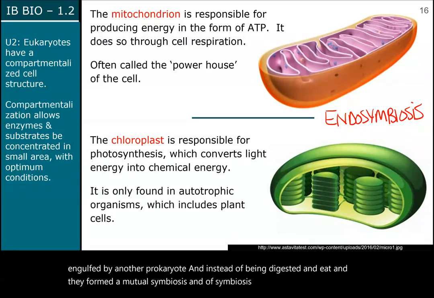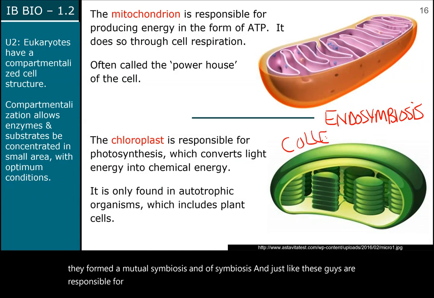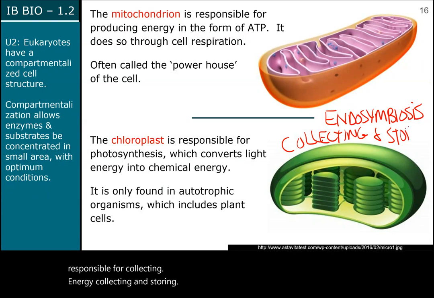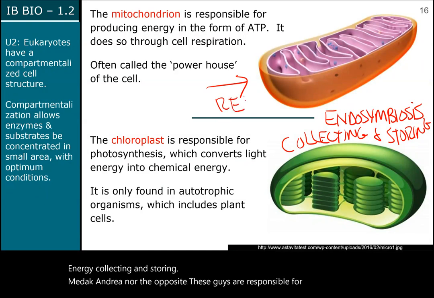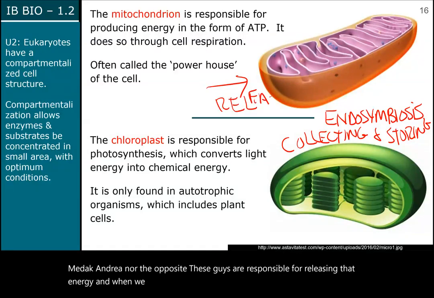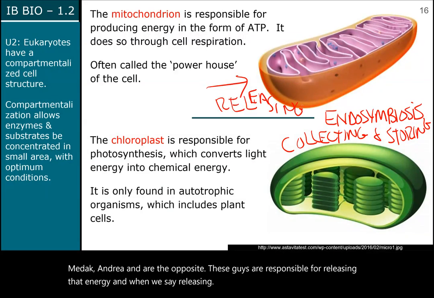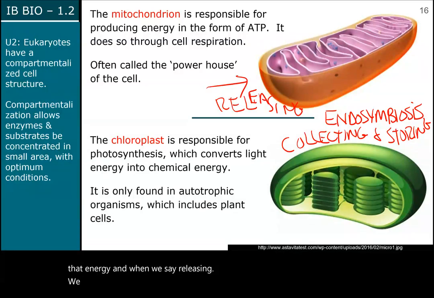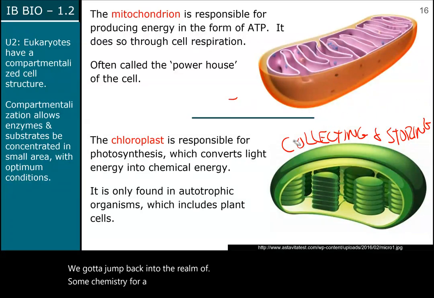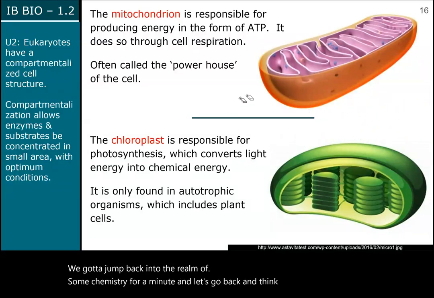And just like these guys are responsible for collecting and storing energy, mitochondria are the opposite. These guys are responsible for releasing that energy. And when we say releasing, we've got to jump back into the realm of some chemistry for a minute, and let's go back and think about respiration and photosynthesis.